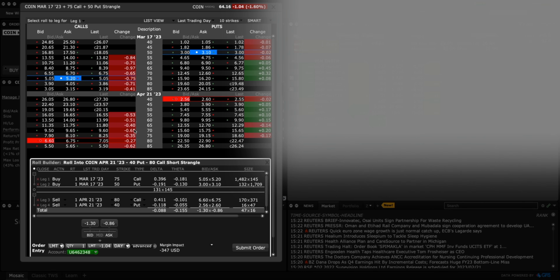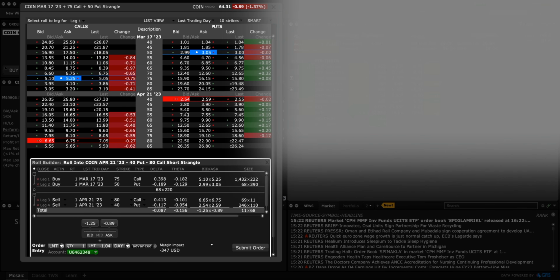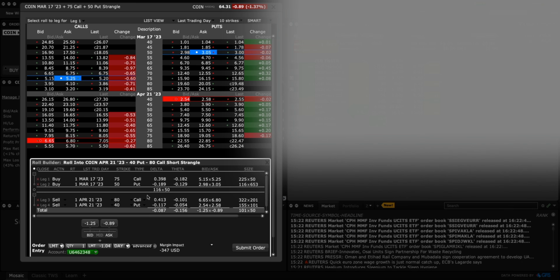So if Coinbase does take an up move from 64 and it goes up to 70, 75, this put option here that's currently costing me around $254 will probably be worth around $120 as an example. It'll probably lose 50% of its value. So I'll be looking then to increase the put strike up to around the 45/50, generate more premium, neutralize my deltas. That's how I kind of manage these actual positions.